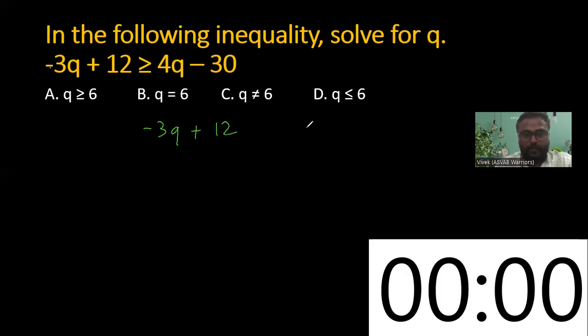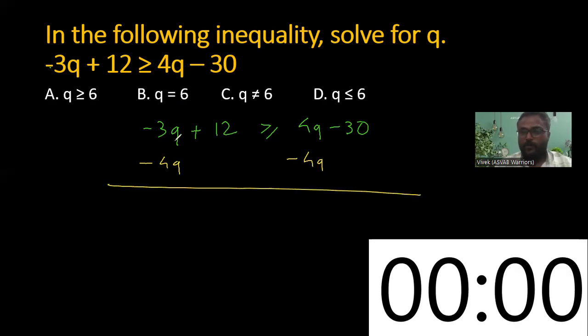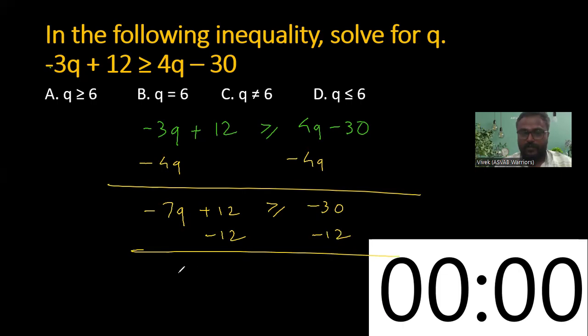Negative 3q plus 12 greater than or equal to 4q minus 30. Subtract 4q from both the sides. So negative 3q minus 4q is negative 7q plus 12 greater than or equal to negative 30. Subtract 12 from both the sides. We would get negative 7q greater than or equal to negative 42.